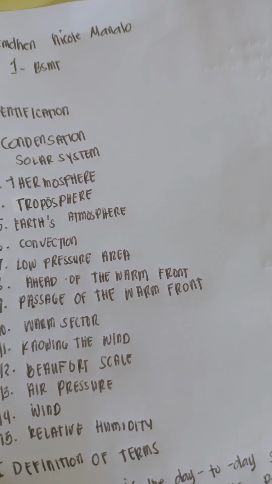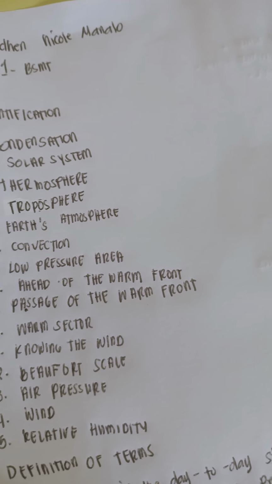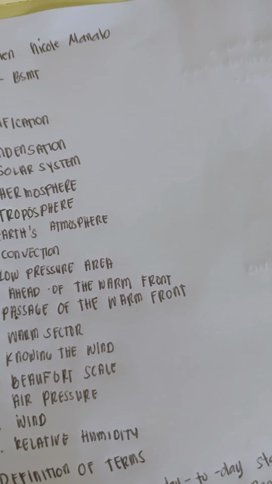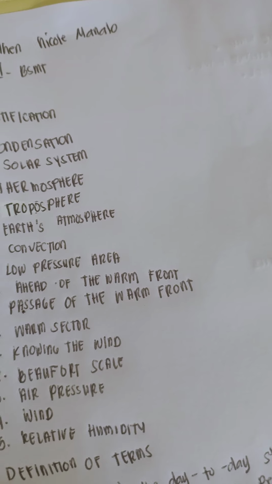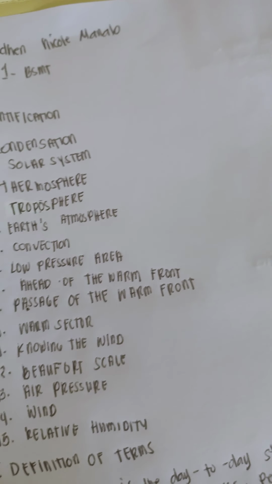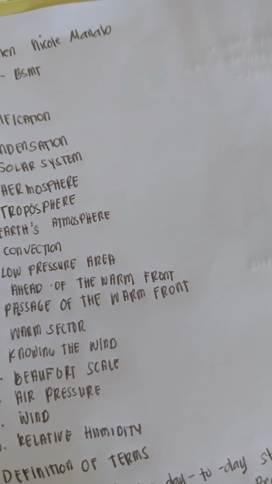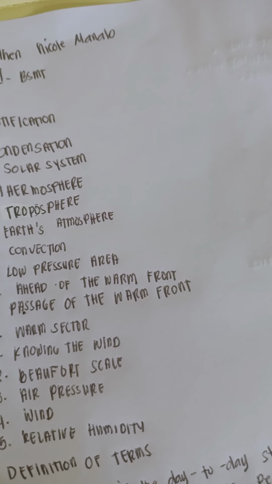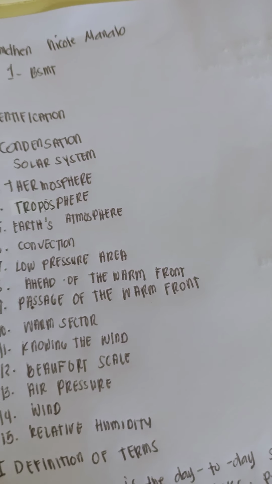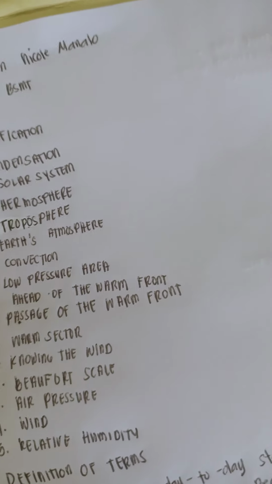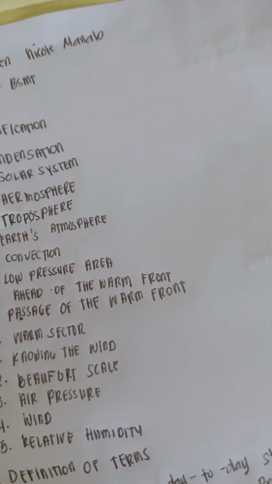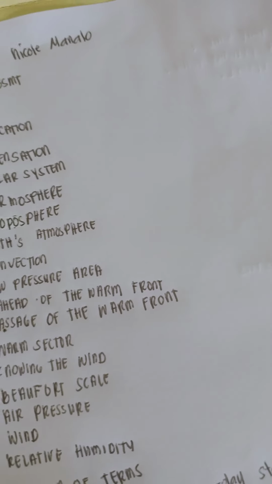In addition to containing the oxygen and carbon dioxide which living things need to survive, it traps the sun's energy and wards off many of the dangers of space. My answer for that is Earth's atmosphere.